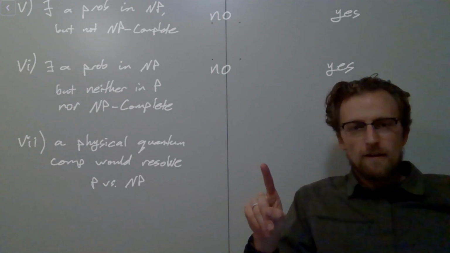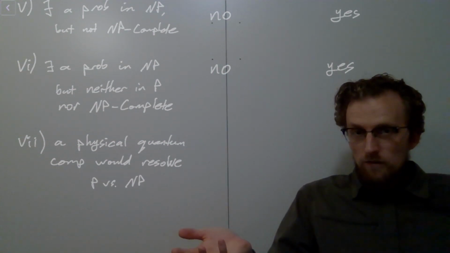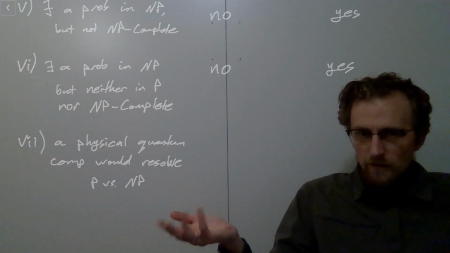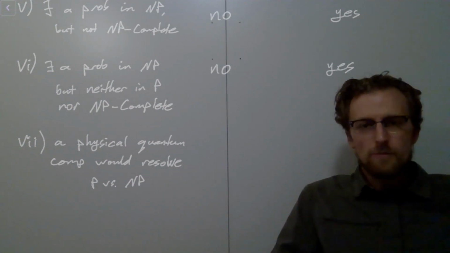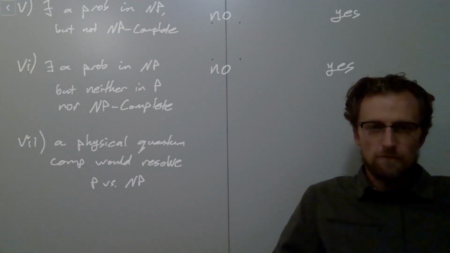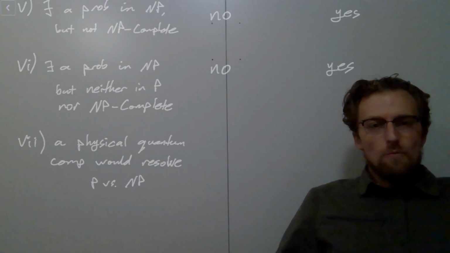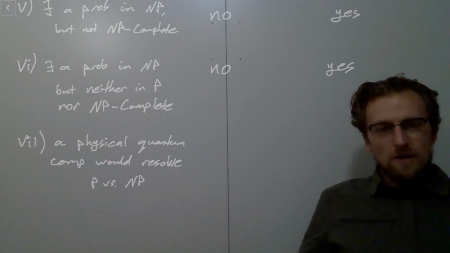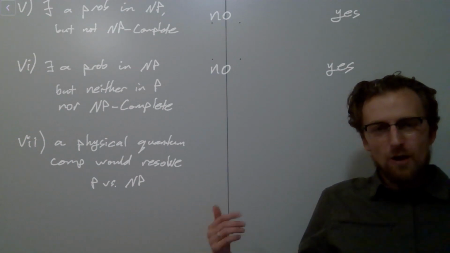And here's why. Because we currently have physical quantum computers. They're very small. They're not useful for much at the moment, but they exist. Okay, so we have them, and the problem is still open, and so the answer in that case is no. Also, you could say maybe if P equals NP, maybe quantum computers could help us discover that, right? They could help.